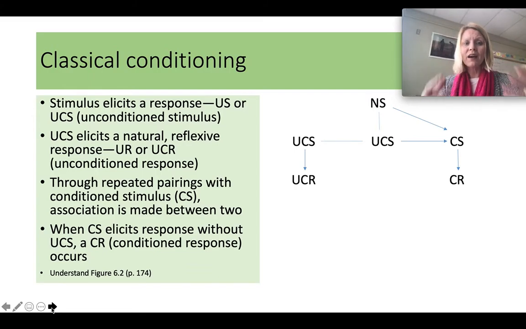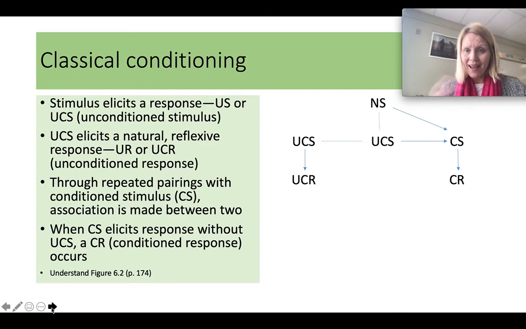The unconditioned stimulus elicits this natural response, right? A dog can't help but drool. You can't help but dilate your pupils when the sun is blaring in your eyes or something like that. So it's this unconditioned stimulus, or pardon me, unconditioned response.